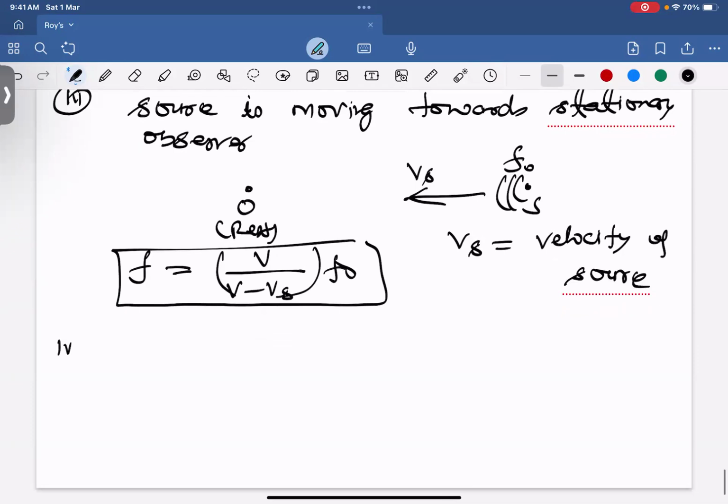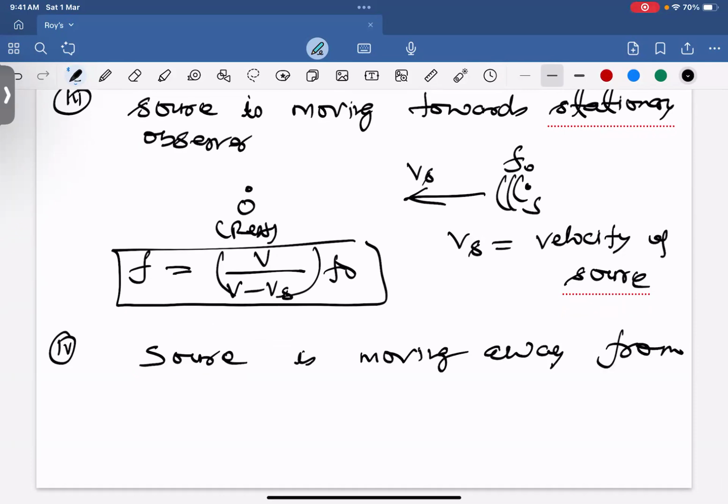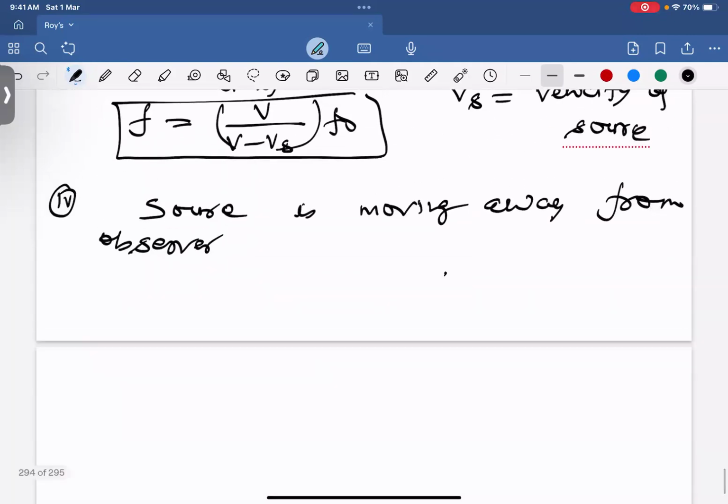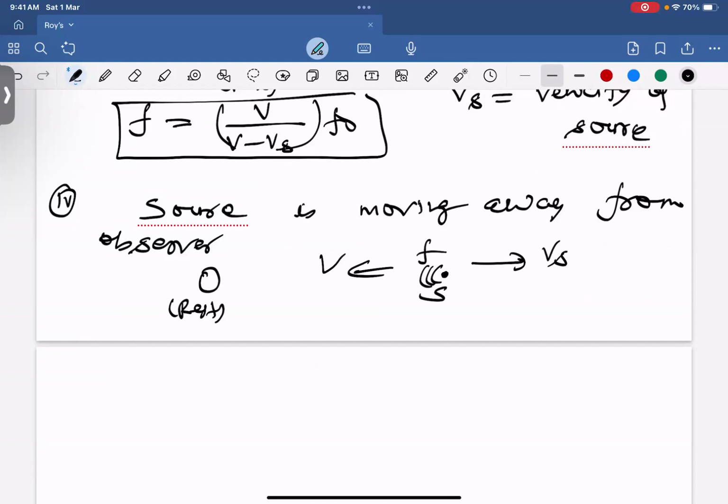If I say that the source is moving away from the observer, let's suppose this is the source going away with the speed vs. The observer is at rest, and sound is moving toward the observer with the speed v.